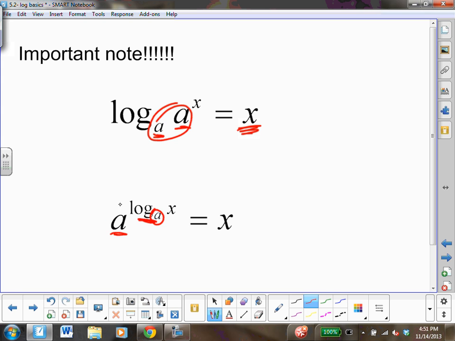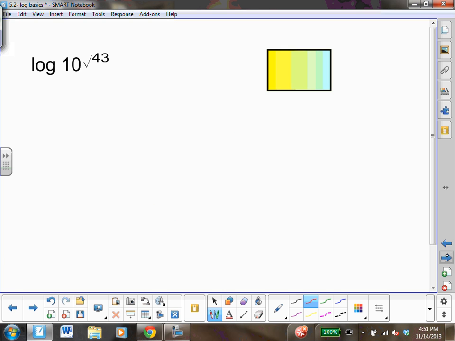If the base of the log and the base of the exponent are the same, you're just left with x. You're just left with whatever number would be in that logarithm. So if they're the same, and you have a logarithm and an exponent, they'll cancel each other out. So 10 to the log base 10 of the square root of 43: the 10 and the log base 10 can cancel, and you're just left with the square root of 43.